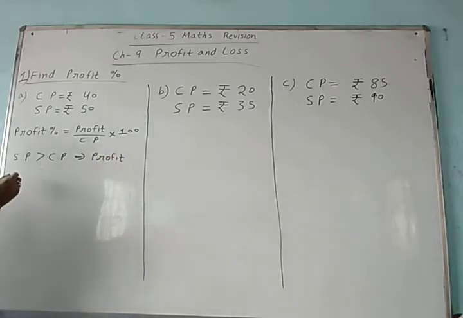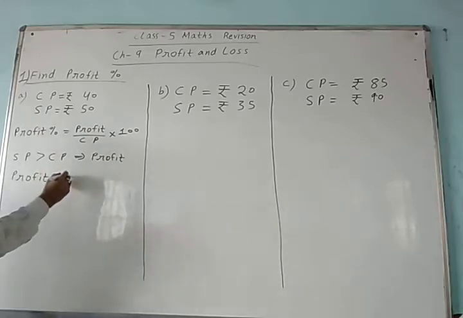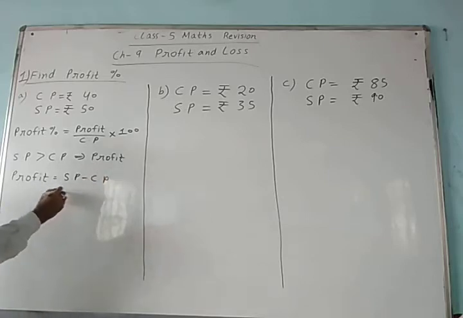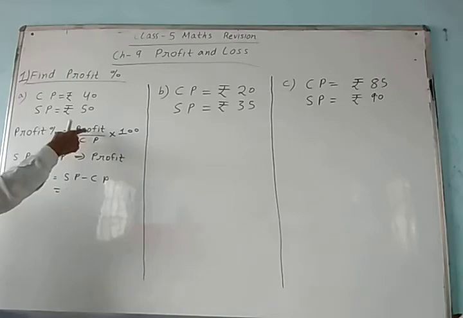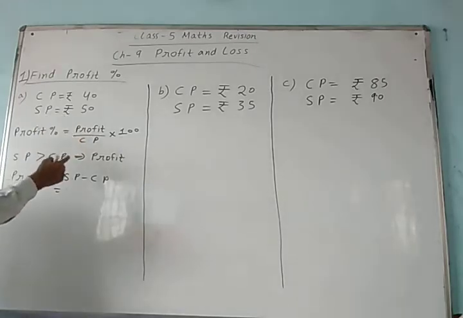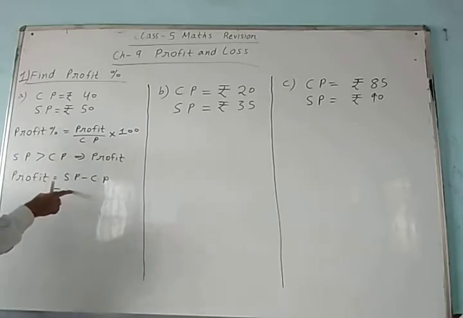I have explained right now. Now profit, how we find out profit, student? We subtract cost price from the selling price. Now put the value, because see here it is profit, and without finding out profit we cannot solve this profit percent. So we have to find out profit. Selling price minus cost price.